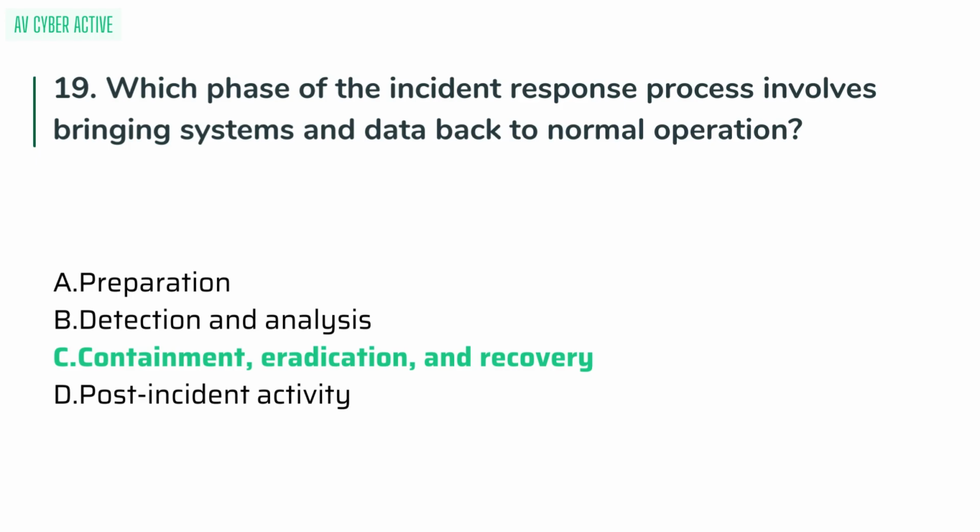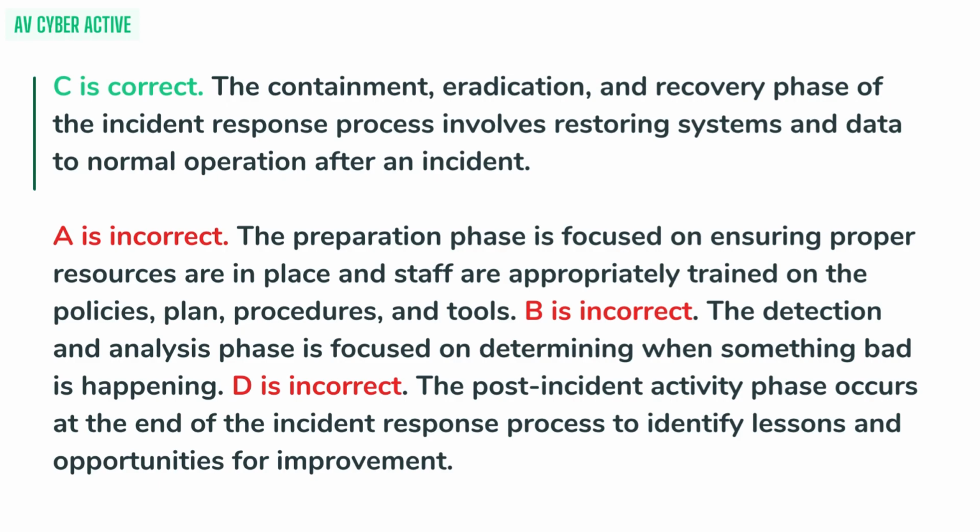C is correct. The containment, eradication, and recovery phase of the incident response process involves restoring systems and data to normal operation after an incident. A is incorrect. The preparation phase is focused on ensuring proper resources are in place and staff are appropriately trained on the policies, plan, procedures, and tools.